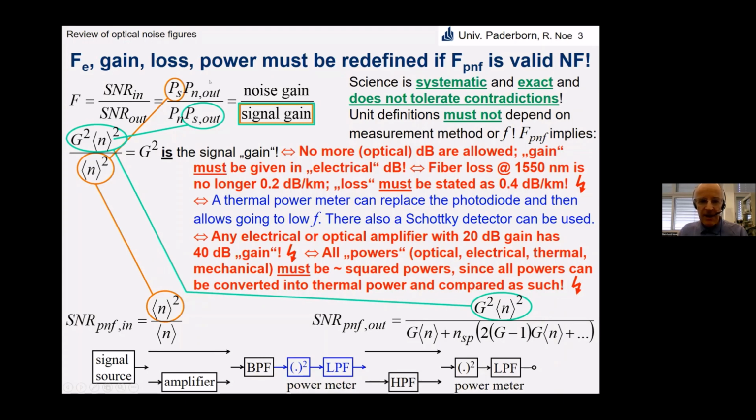This says that the powers here are those which you measure as electrical powers behind a photodiode. So here is the optical amplifier, bandpass filter, photodiode, and then you take the square of the photocurrent to have this power at the output, and without the amplifier you measure a smaller power at the input.